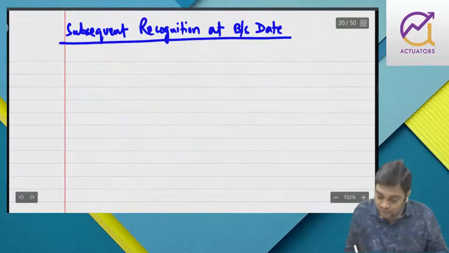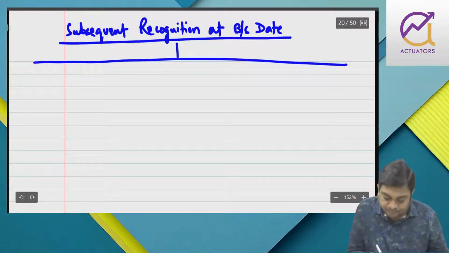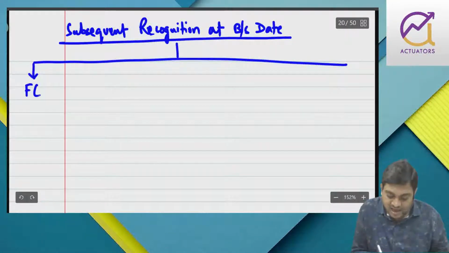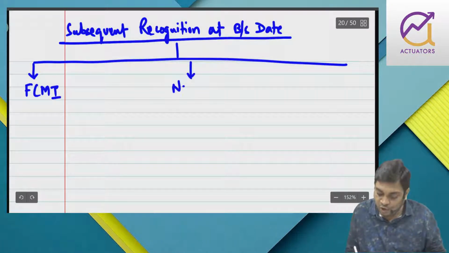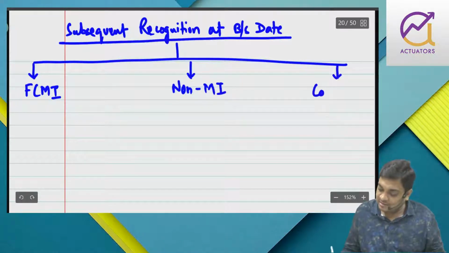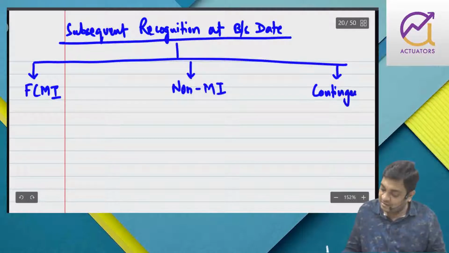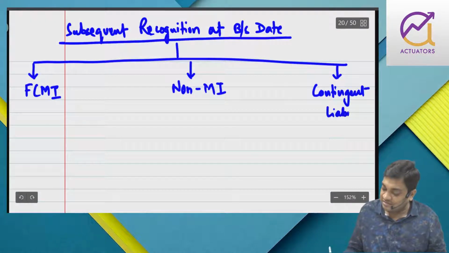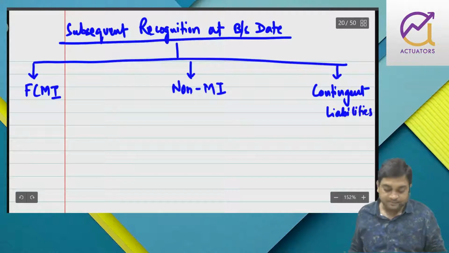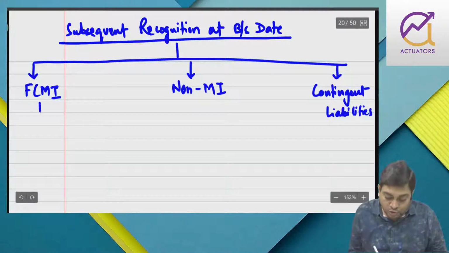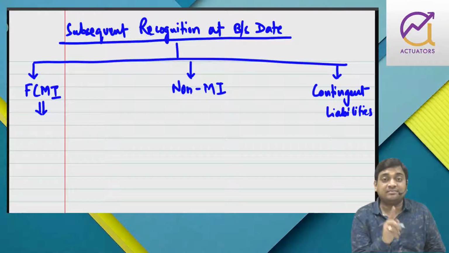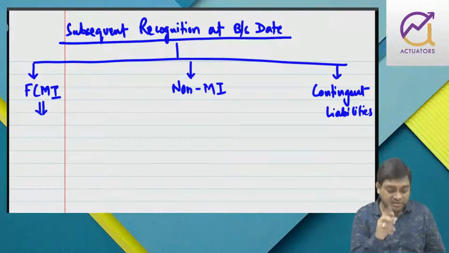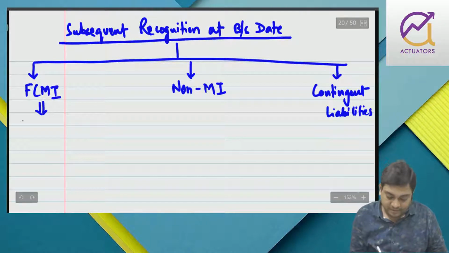Now, you need to remember one thing, that there are FCMI, non monetary items, and there can be some contingent liabilities as well, which are denominated in foreign currency. So I have already told you, only monetary items you will restate at the balance sheet date exchange rate, right?